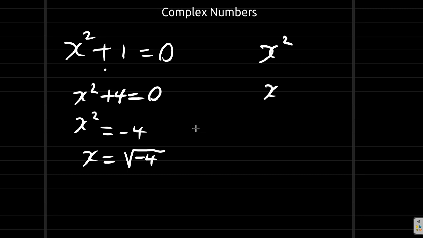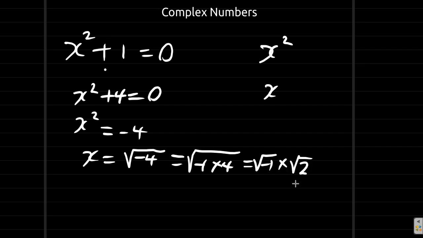Now what you can do with this, you can consider it as the square root of -1 multiplied by 4. Remember, when you have more than one item multiplied under the square root sign, you can separate them, find the square root of each and multiply them. So it's the square root of -1 multiplied by the square root of 4.